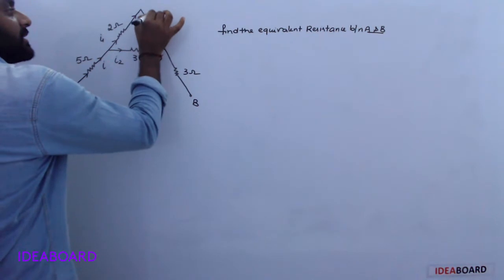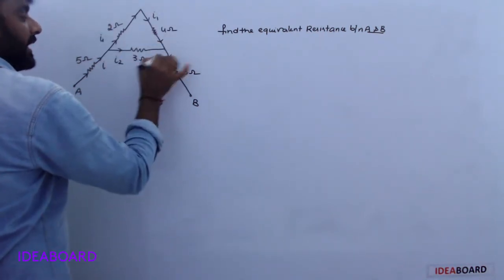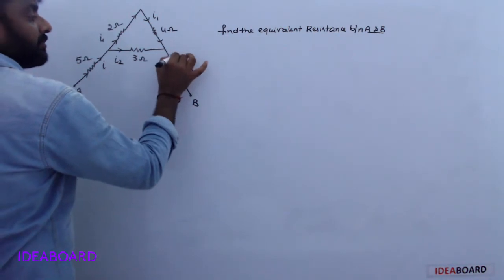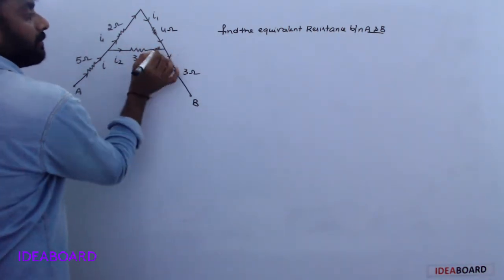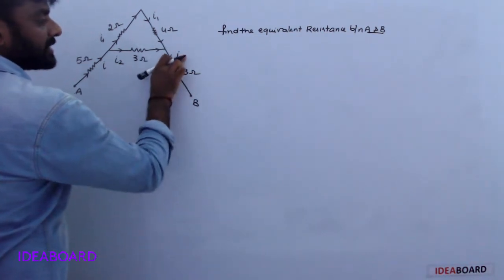The same current is passing through this one, I1, and again it comes here, so both I1 and I2 are added here.